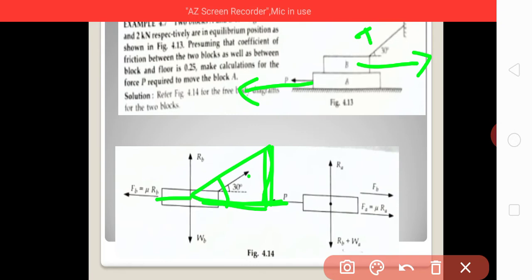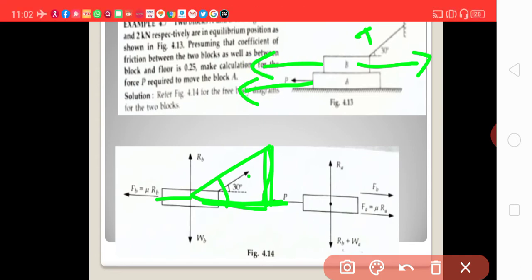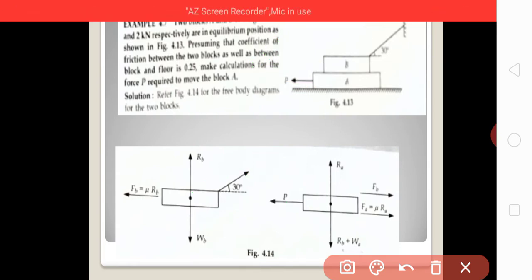In that case, when seen from block B, the frictional force will be generated towards left. The frictional force will be acting towards left, that is FA. So here, resolve the forces along the plane and vertical to the plane.